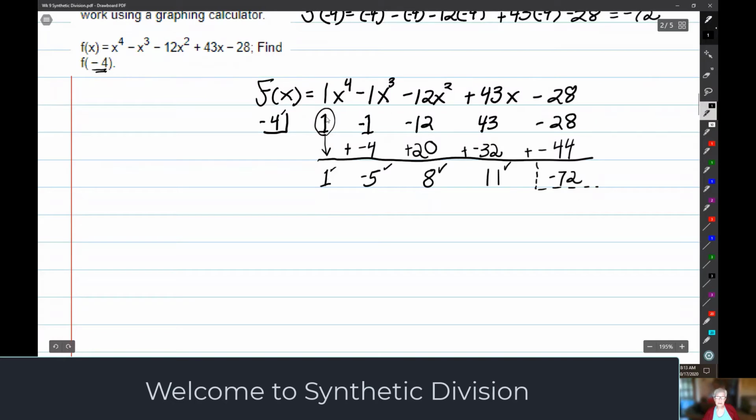I bring the first number directly down, multiply it by the number in the backwards L, write that number there, and then add, multiply, write the number, add, multiply, write the number, until I get to the end.